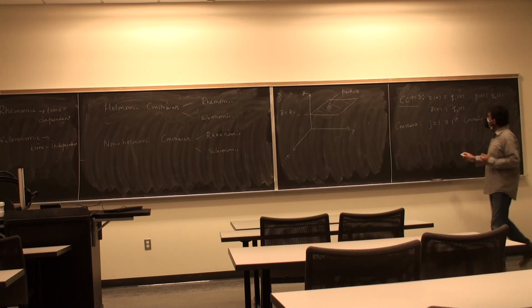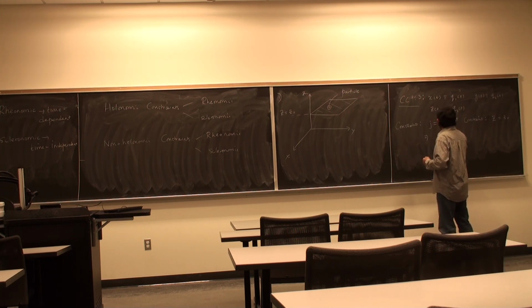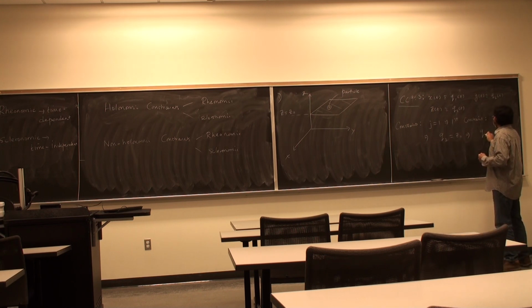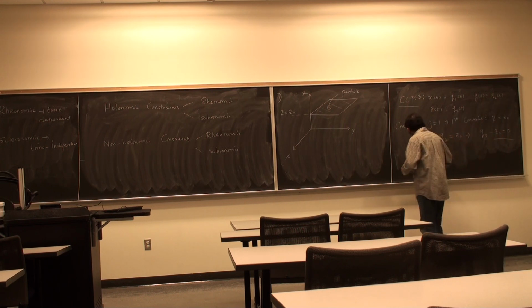Okay, so this essentially tells me that q3 is z naught, or q3 minus z naught is equal to 0.